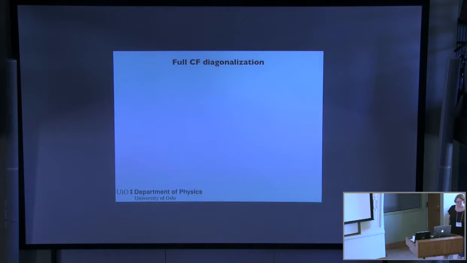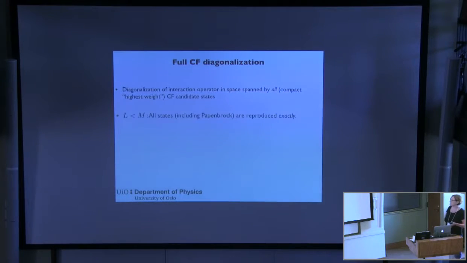So you can do several things with this. First of all, you can do what is called the full composite fermion diagonalization. You do the work and you find all your basis states, you project, etc., and then you diagonalize the interaction in the space spanned by all these compact highest weight candidate states.